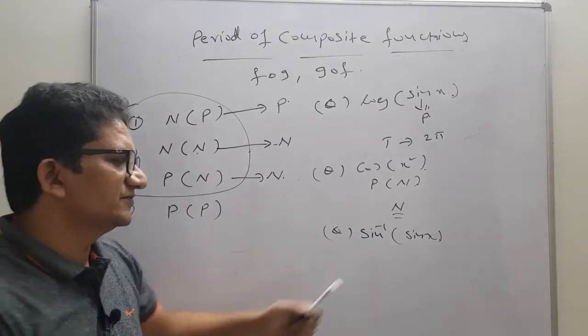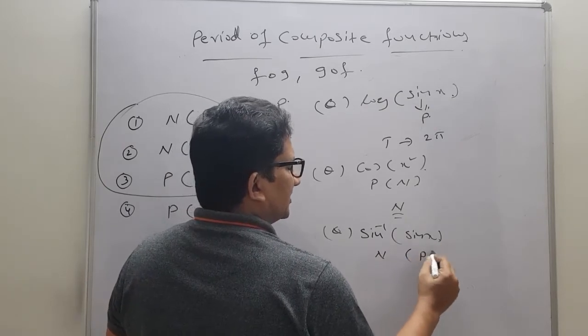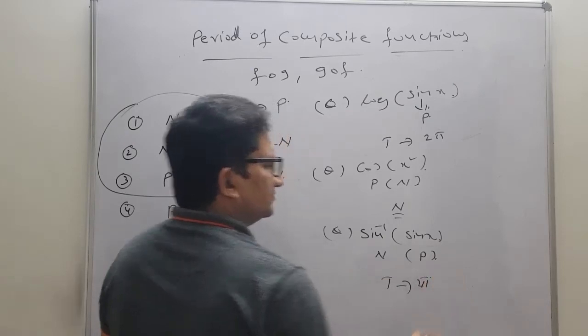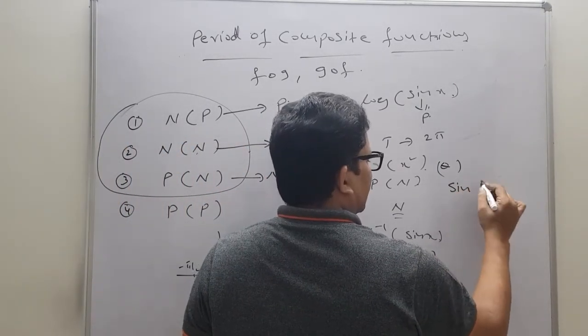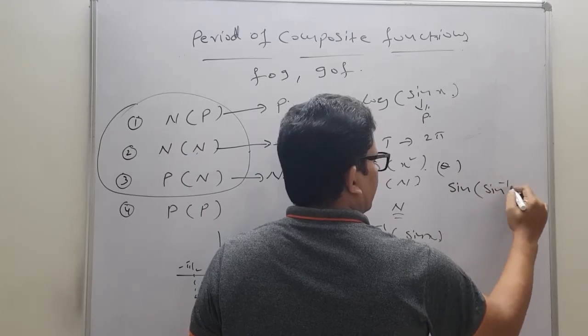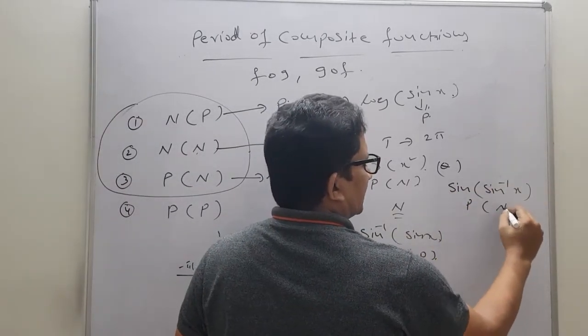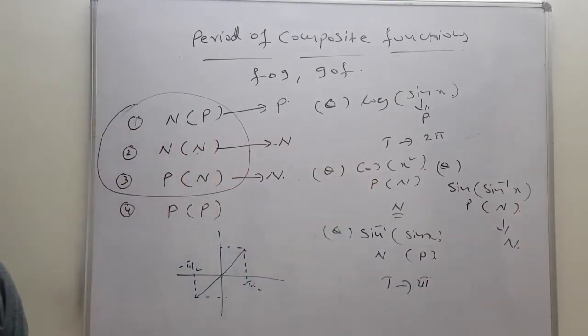Now, sin inverse function we know is non-periodic and the sin function is periodic, so the overall period will be 2 pi. What about sin of sin inverse x? Sin inverse x is non-periodic, so the overall result is non-periodic.